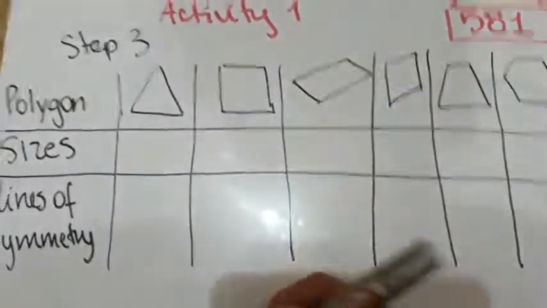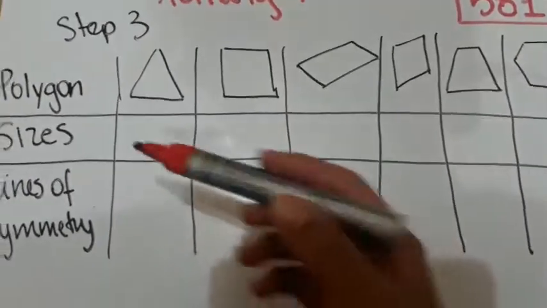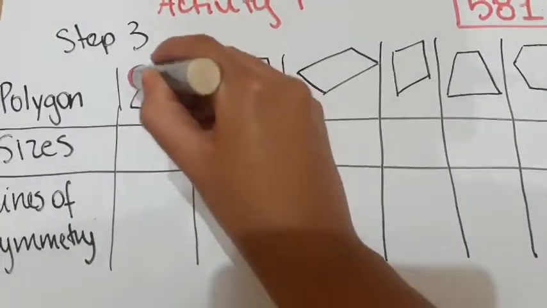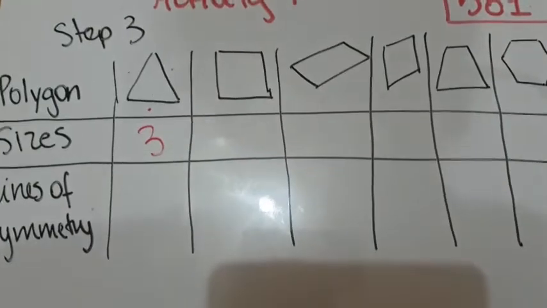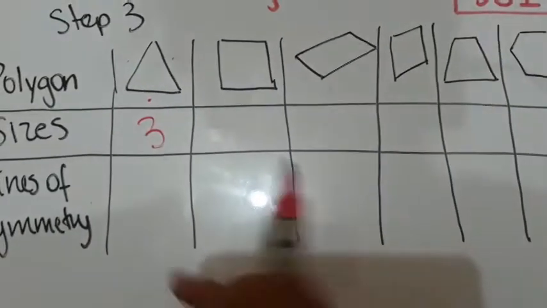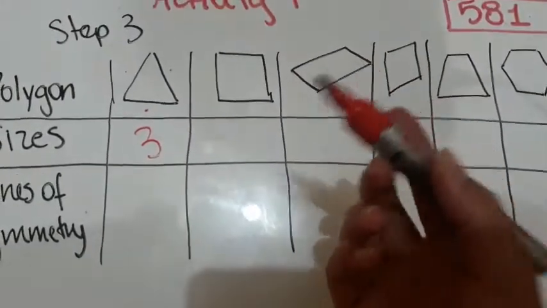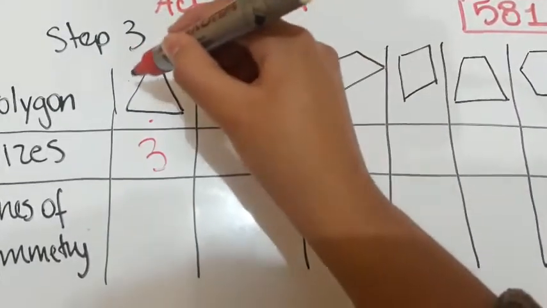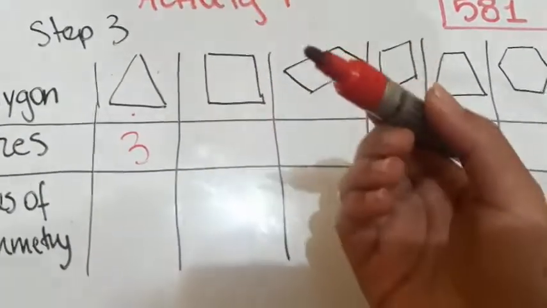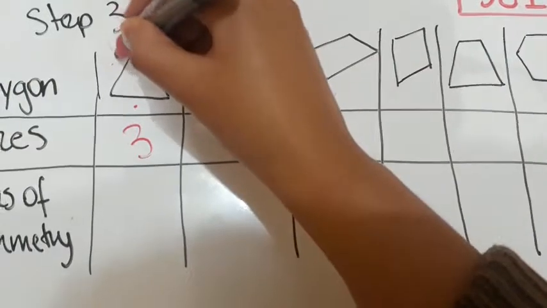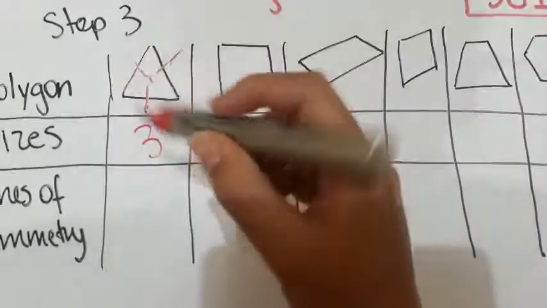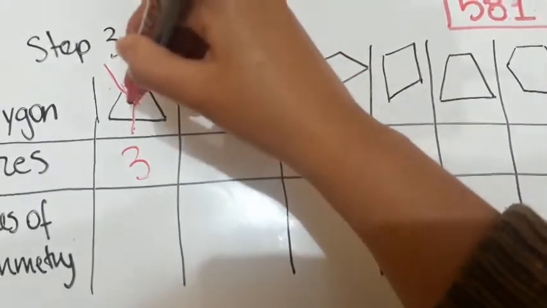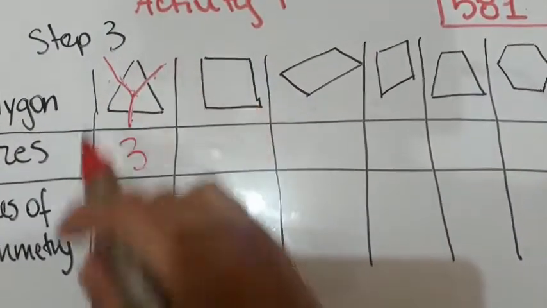So in the first example, we have a triangle. What is the number of sides? I have 1, 2, 3. So we are going to write 3 sides. Okay, in lines of symmetry, we have here 3. How do they find it? We can have a line of symmetry when we make this.